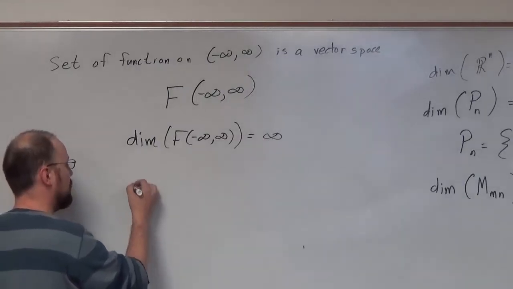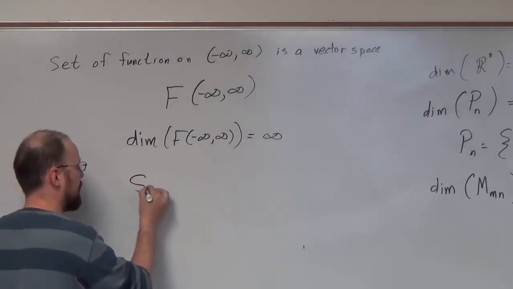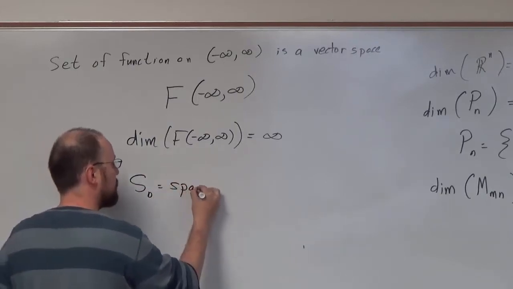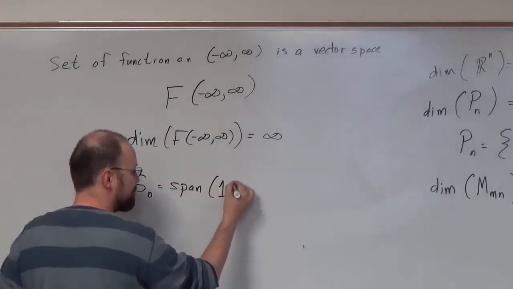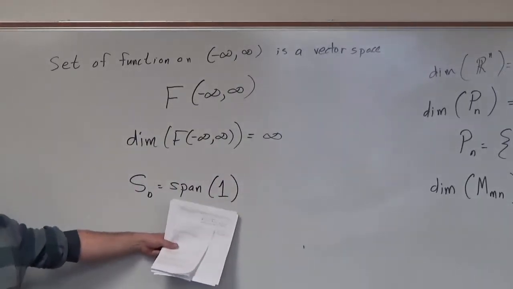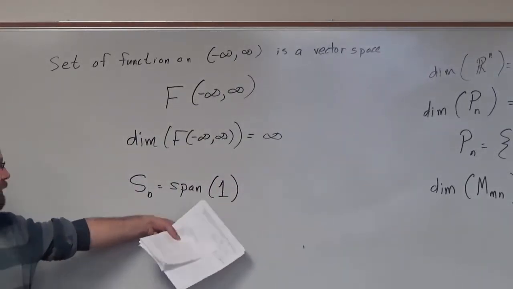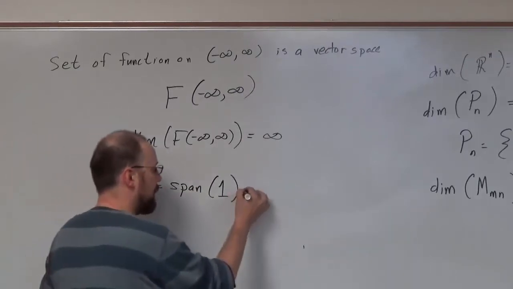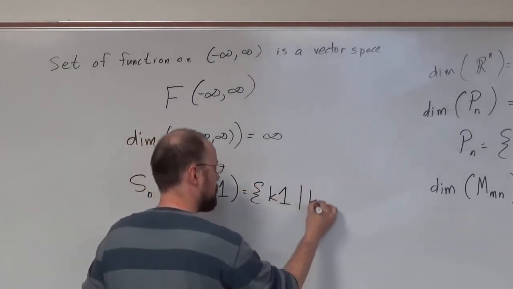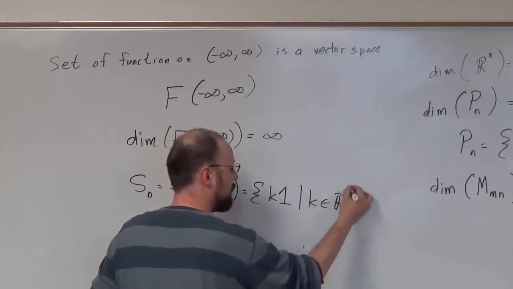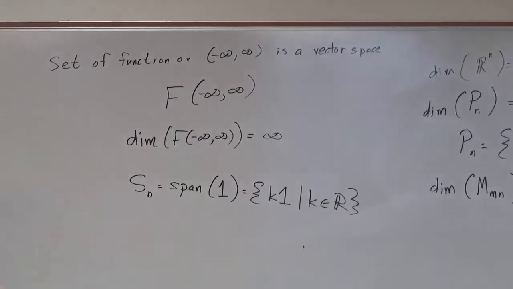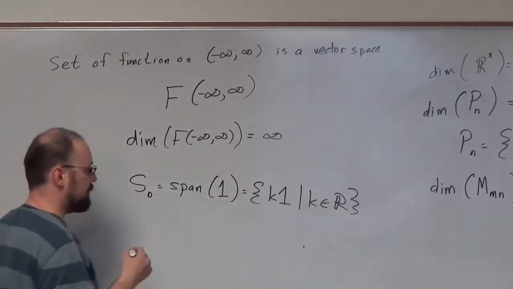Okay, so imagine the subspace is the span of the number 1. Okay. So this is the set of all constant functions. If you scale this by any amount, that just defines a function on the number line where it's always the constant function. What's the dimension of that?